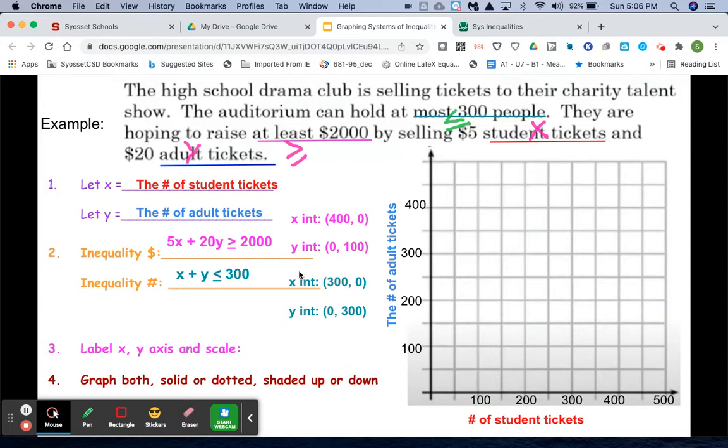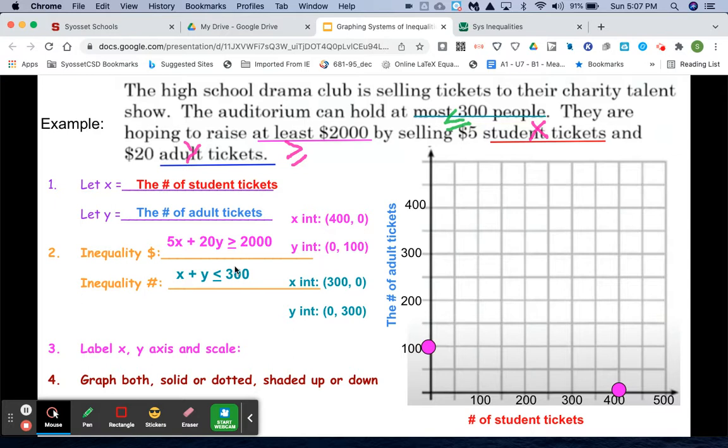Now it's time to graph, and it's pretty easy if you know the x and y intercepts. So to graph the money inequality, the 5x plus 20y is greater than or equal to 2,000, I graph the x-intercept, 400, 0, which is right here, and I graph the y-intercept, 0, 100, which is right here.